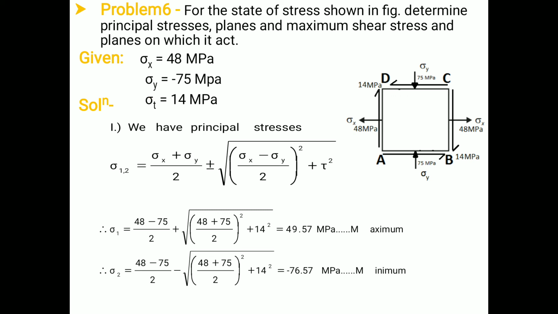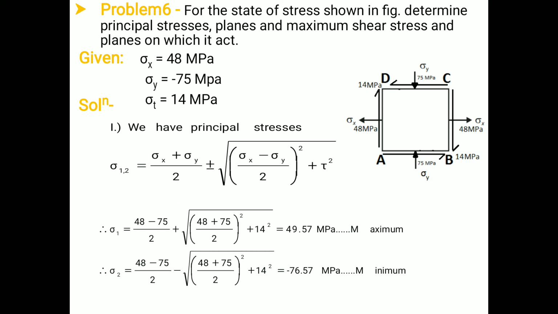From such a condition we have to find out the principal stresses, that is sigma 1 and sigma 2. We have to find out the planes on which they act, and the maximum shear stress and the plane on which the maximum shear stress is acting. First of all we will find out the principal stresses. As discussed in the previous lecture, the principal stresses can be given by sigma 1,2 is equal to (sigma x plus sigma y) by 2 plus minus under root of ((sigma x minus sigma y) by 2) whole square plus tau square.